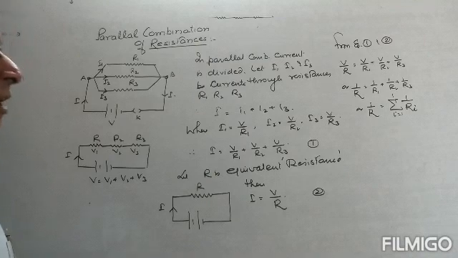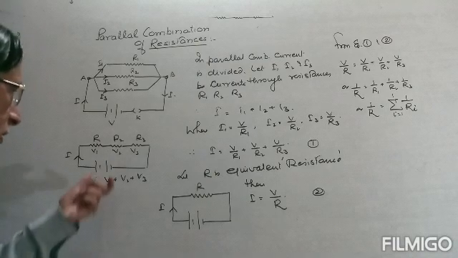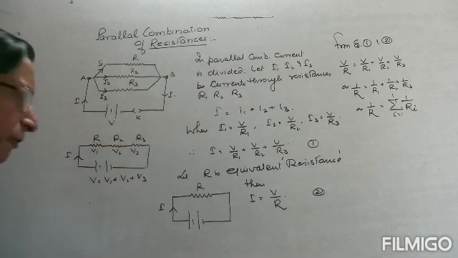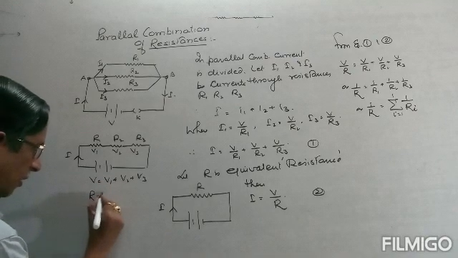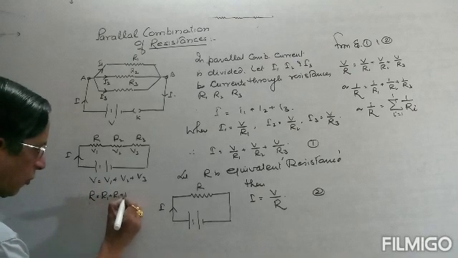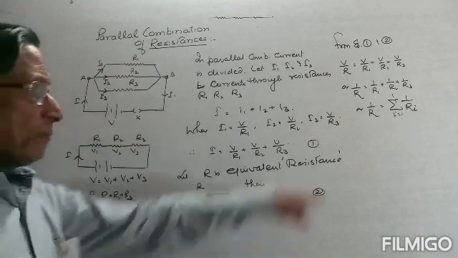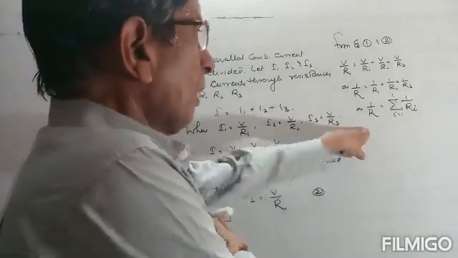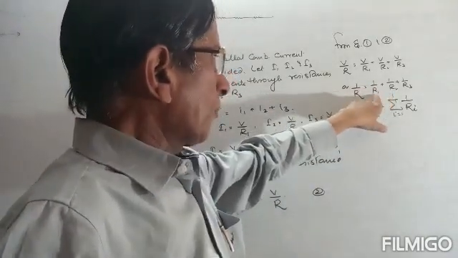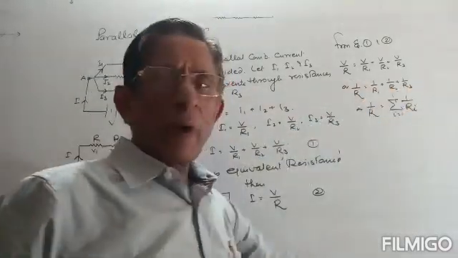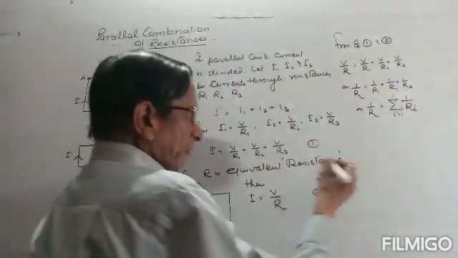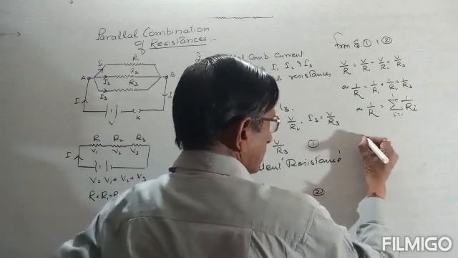So keep in mind that in case of series combination, we obtain the result R is equal to R1 plus R2 plus R3. In parallel combination, we use the formula 1 upon R is equal to 1 upon R1 plus 1 upon R2 plus 1 upon R3.